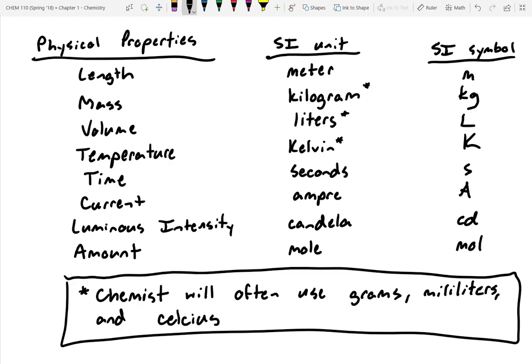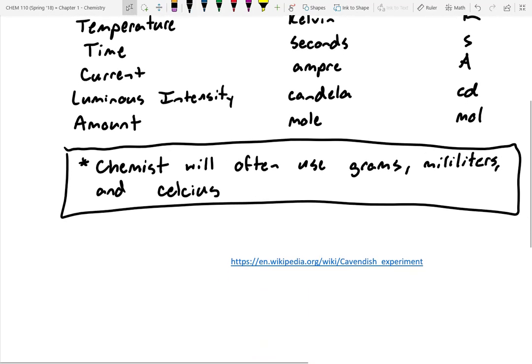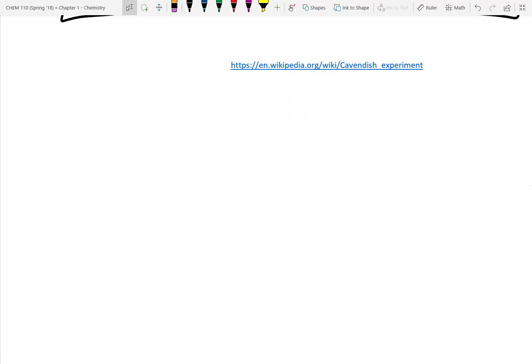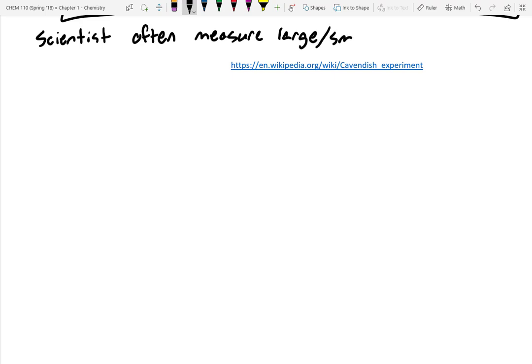All right. So moving on, chemists oftentimes have to measure things that are incredibly large or incredibly small. Often measure large or small things.